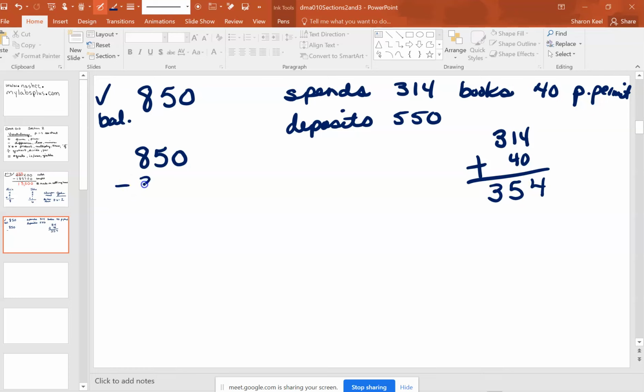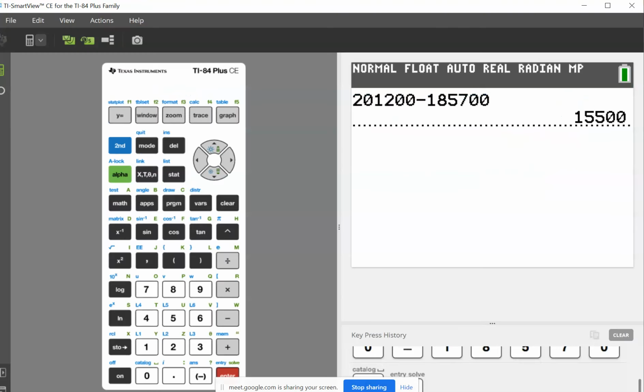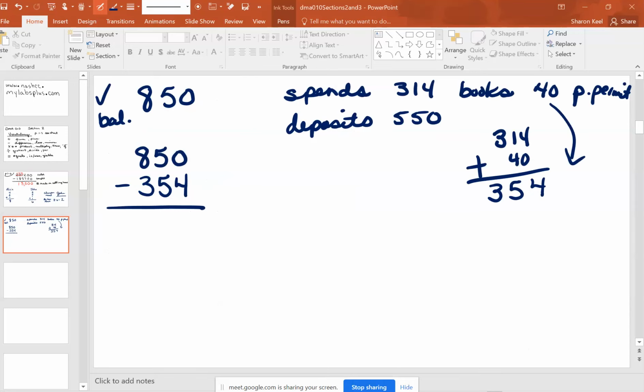So we're going to subtract $354, because this is how much she spends. So we have $850 minus $354. We have $496 in our account.